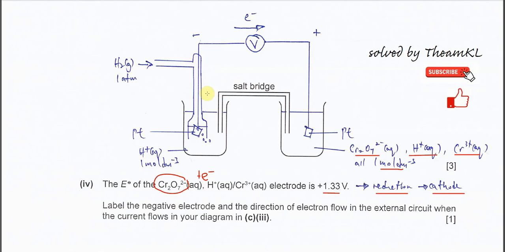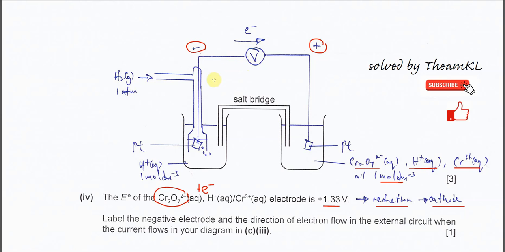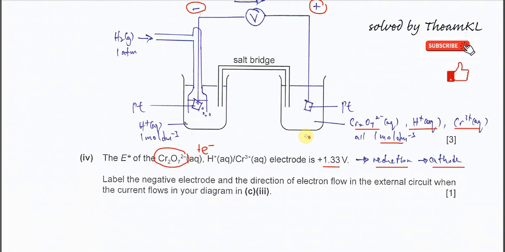Because this electrode is the place that produces electrons, it's charged negative. So it's the negative electrode here. The one that gains electrons is the positive electrode. So you just put a positive sign on this half cell, and a negative sign on this SHE. And of course you have to draw the direction. So the electrons flow from the SHE to the dichromate half cell.